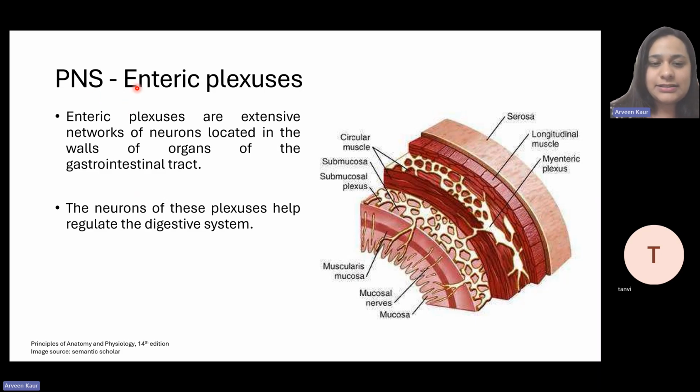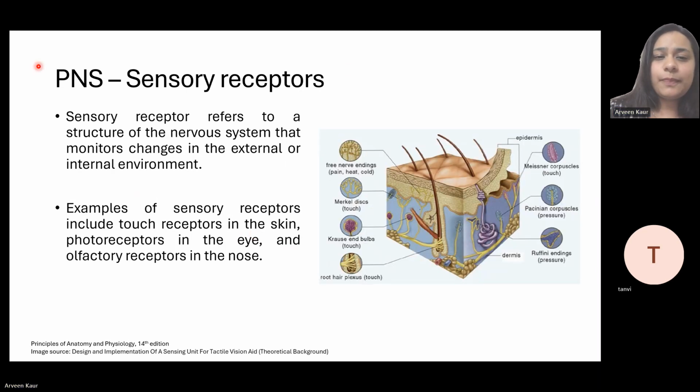So it is simple in that sense. The neurons of these plexuses help regulate the digestive system. What is the function of these neurons? Obviously, because they are present in the gastrointestinal tract, they are helping in regulating the digestive system, right?